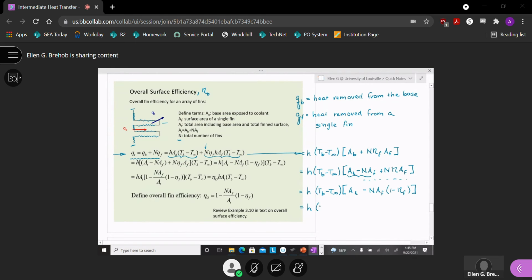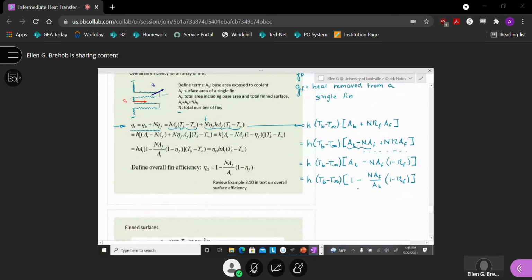So first part stays the same. Okay. We're going to divide each of these terms in this bracketed part by total area. So now it's going to look like 1 minus, okay. And this is the definition for overall surface efficiency.